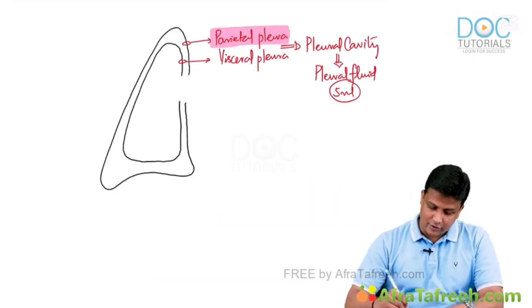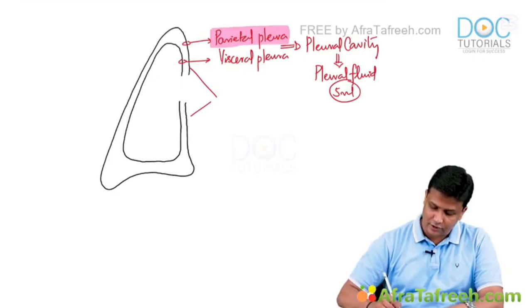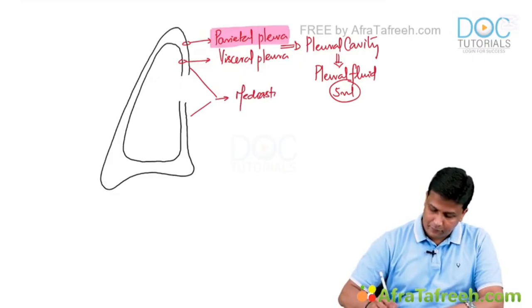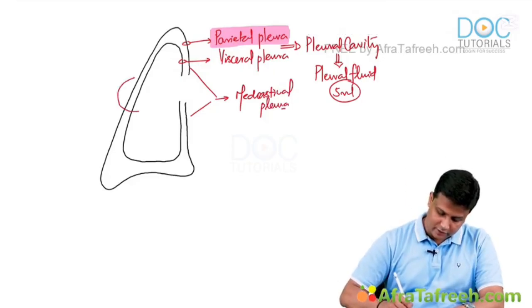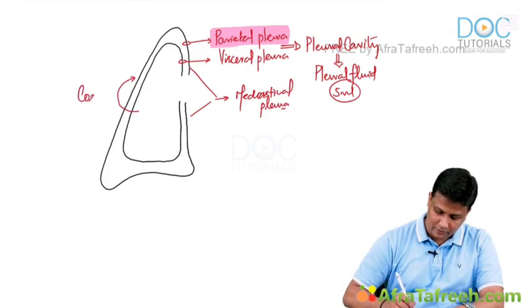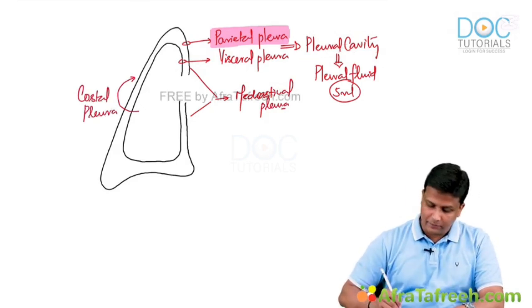So let us write down the names of all these different varieties of the parietal pleura. First of all, this towards the mediastinum is nothing but the mediastinal pleura. So we are speaking about the parietal pleura, guys, that is mediastinal pleura. And the one which is going to take a turn over here, this one will be the costal pleura. And the one below here towards the diaphragm will be the diaphragmatic pleura.